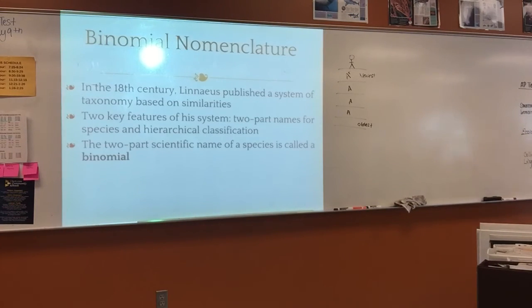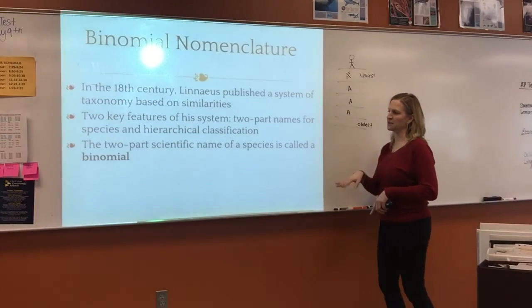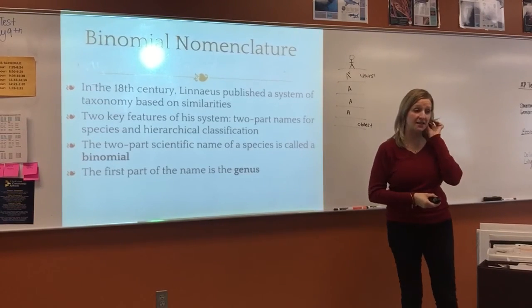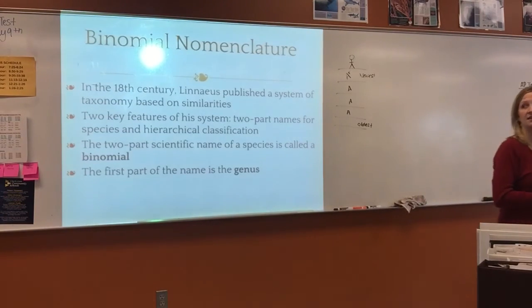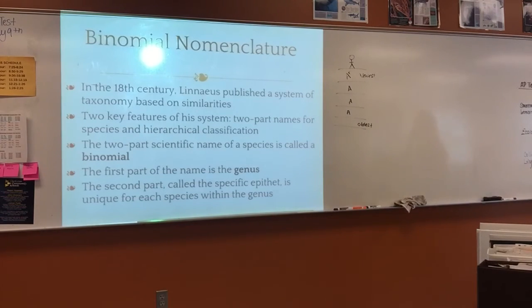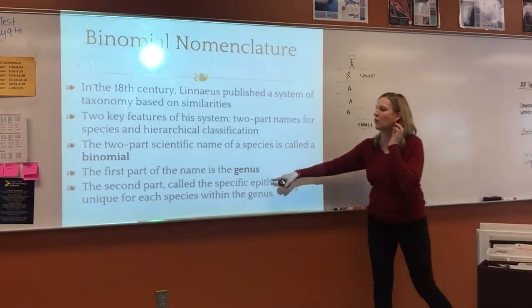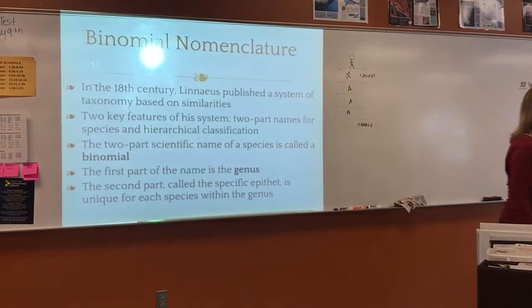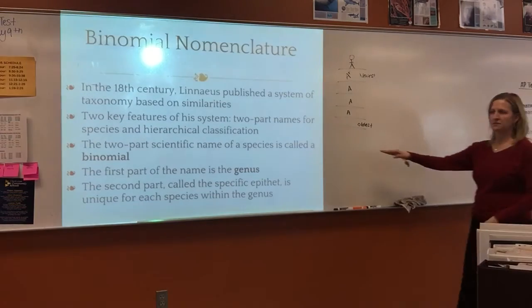The two-part scientific name of a species is called a binomial, bi meaning two, names. The first part of the name is the genus, and the second part, called the specific epithet, is basically the individual species. Does anybody know our scientific name?